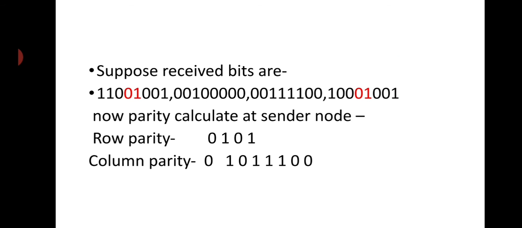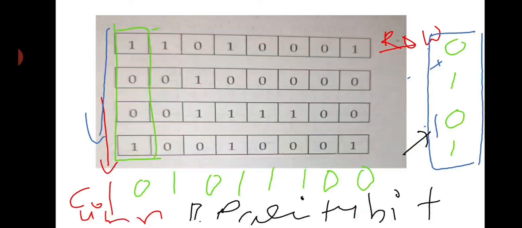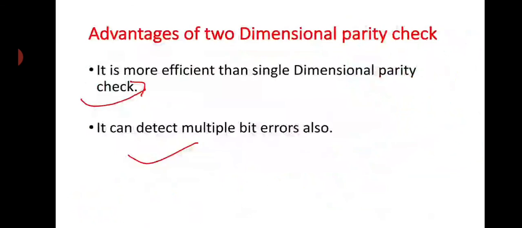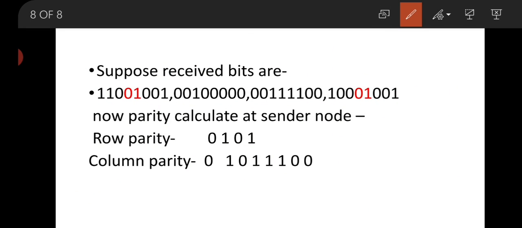Suppose that the bits we are going to send are 11010001. This data is going to be sent, but suppose that the receiver received this data, 11001001.